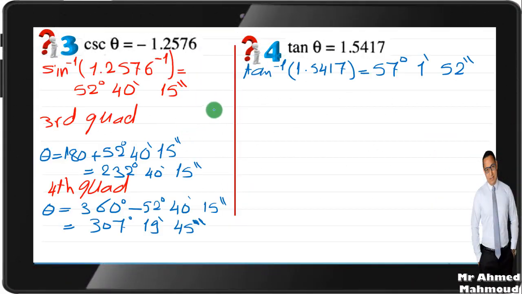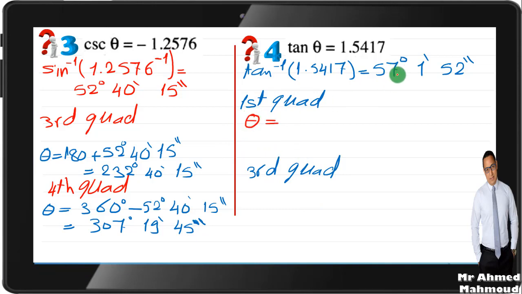Now tan is positive in the first quadrant and in the third quadrant. In the first quadrant, theta equal the smallest angle 57 degrees 1 minute 52 seconds.